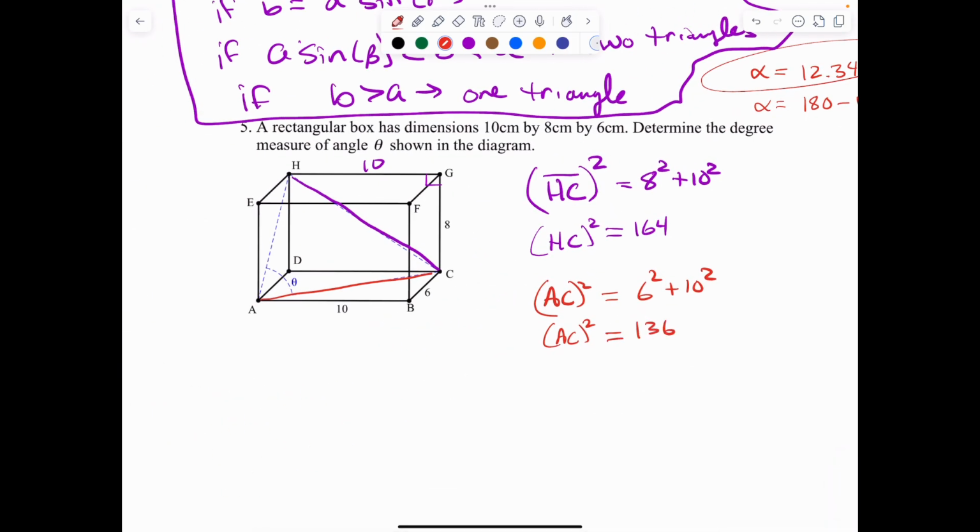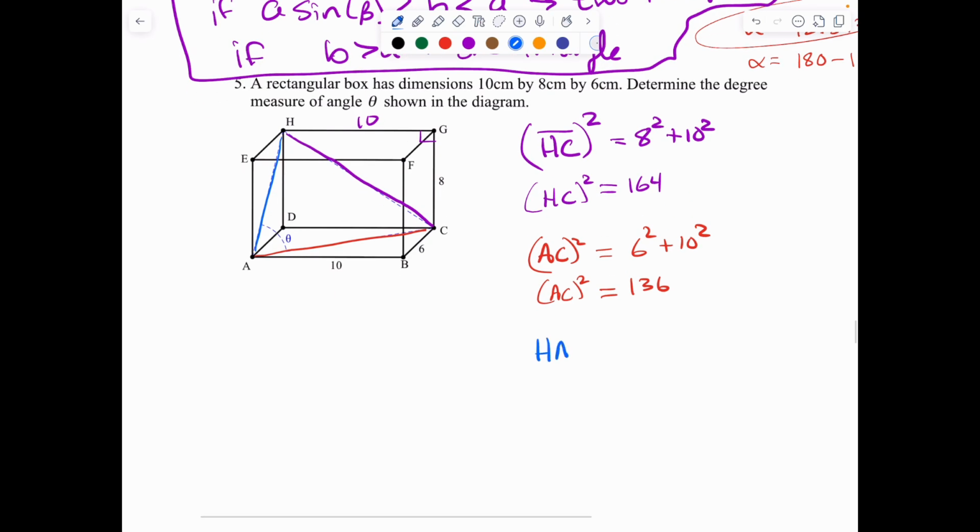AC will be the square root of that, but we're not going to really care about AC at all. And then finally, HA, which is much more fun, is going to be 6 squared plus 8 squared. So HA squared is 100.